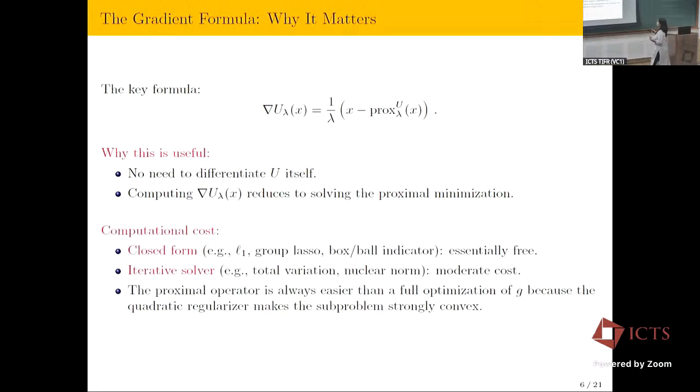But it's not all very easy. For example, we might have a closed form solution if u itself looks like some nice function, like the L1 function, where we had a nice Huber loss as my Moreau approximation, or a lot of other functions like the indicator function for the constraint spaces. There the envelope and the proximal mapping are available tractably. So I just need a quick calculation on pen and paper, and I essentially have the gradient for free, because I just need to write code that evaluates it.